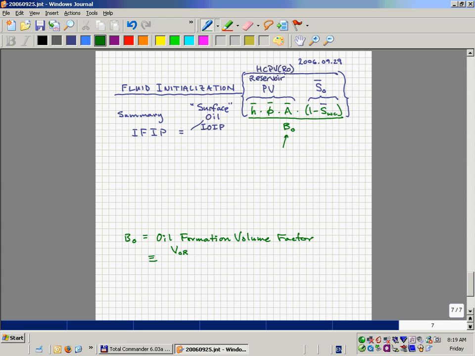If you start with 1 cubic meter of reservoir oil, you end up with so many cubic meters of surface oil. It's this ratio. Reservoir oil volume divided by the surface oil volume.